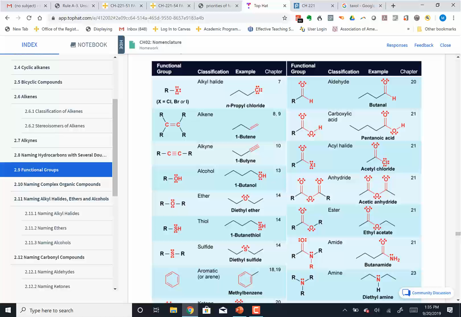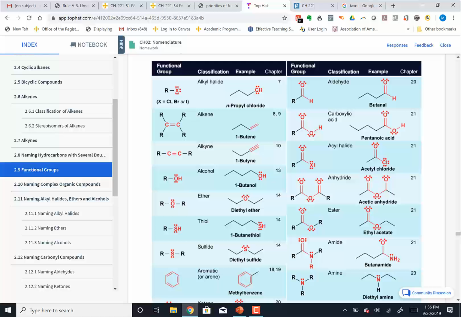And some of them you can see are well later into next semester. So don't worry about the chapter, don't necessarily worry about the example. What are these? When you have a halogen, it's an alkyl halide.